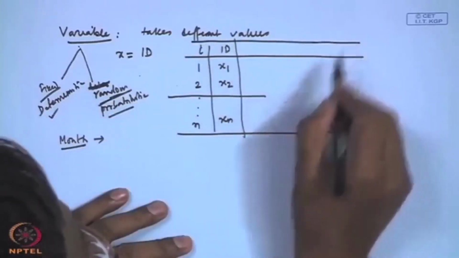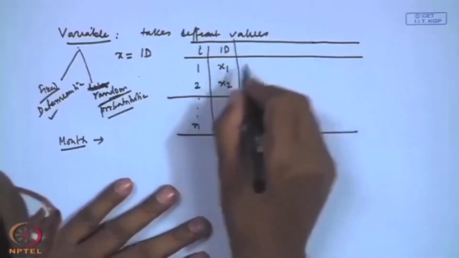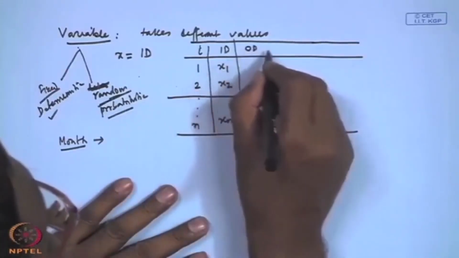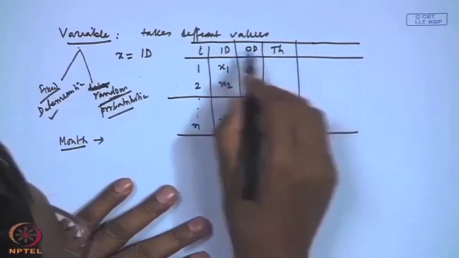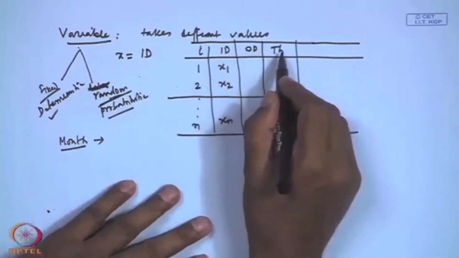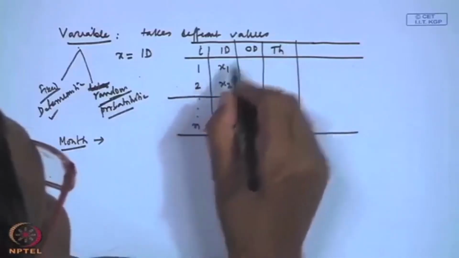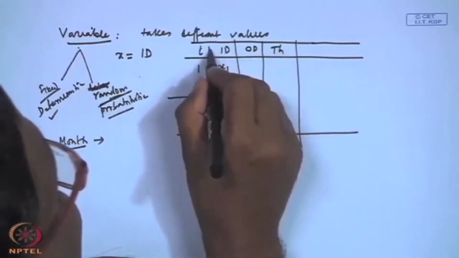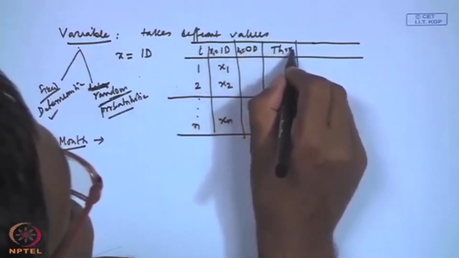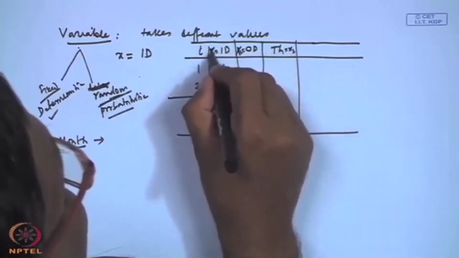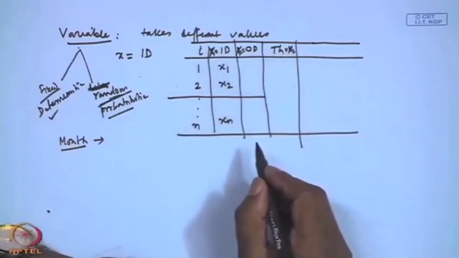If I go on like this, the other variable here is OD, and similarly the other one is thickness. Now, in order to accommodate more than one variable, we will write x1 is ID, x2 is OD, and x3 is thickness.